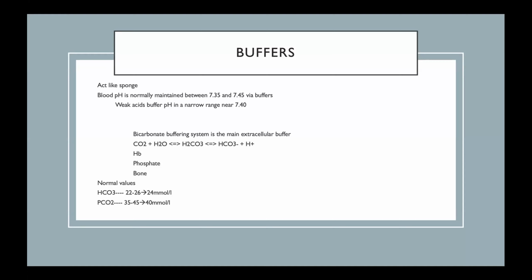What is the bicarbonate level in the blood? The normal value is 22 to 26 millimoles per liter. For calculation, we consider it as 24. Carbon dioxide level is 35 to 45, and 40 is the normal level we'll take. Just remember these things.